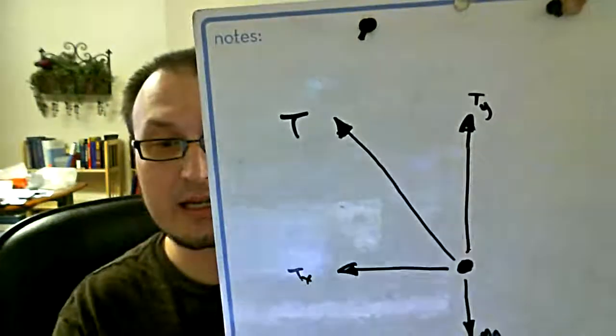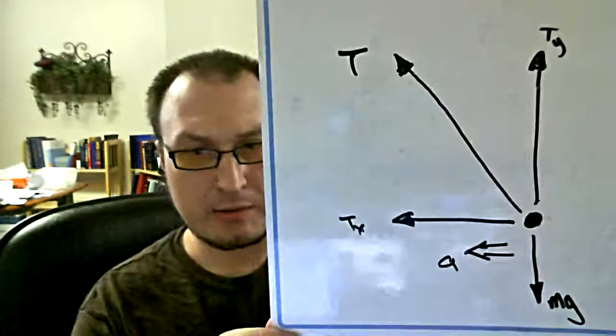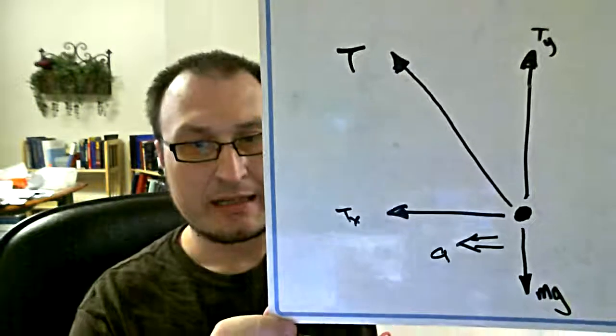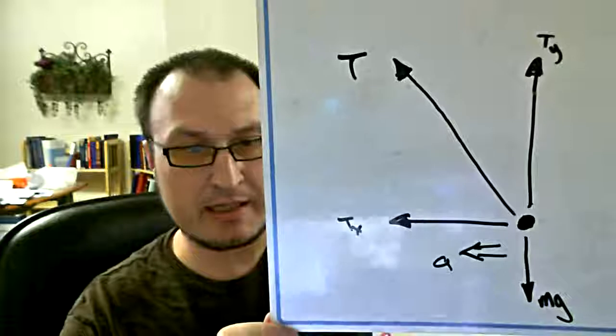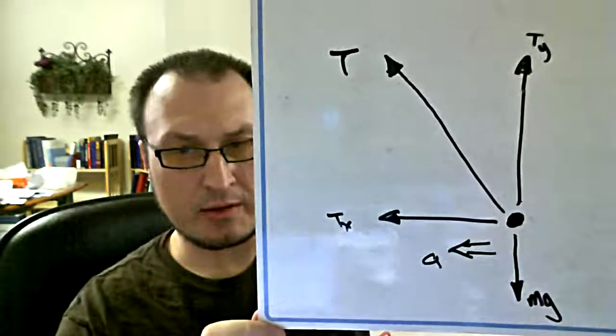Something like that. I know that this mass, this pendulum, is accelerating in that direction. It's a centripetal acceleration that is resulting in the pendulum bob keeping a circular path.